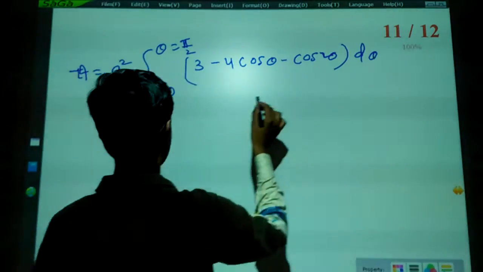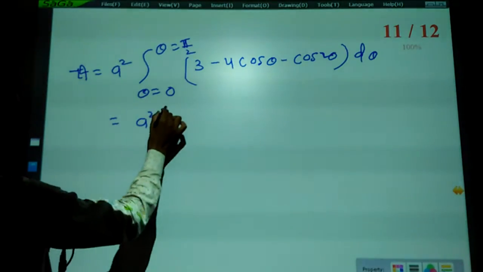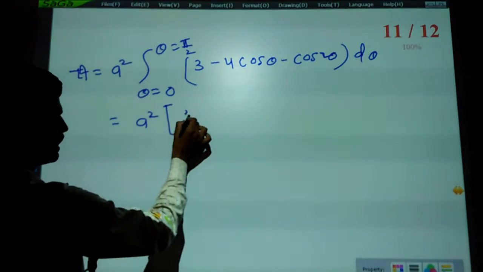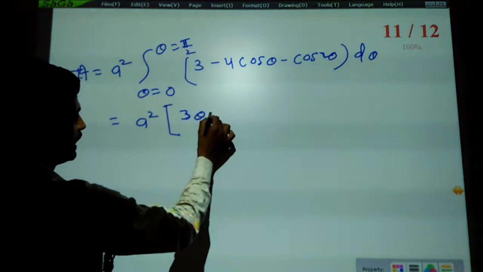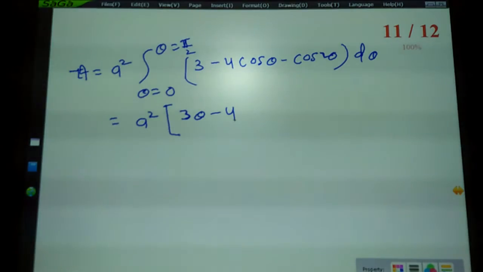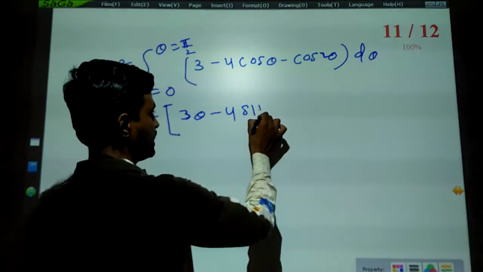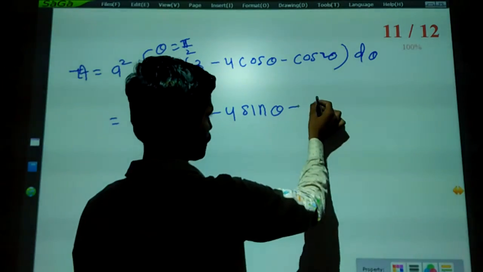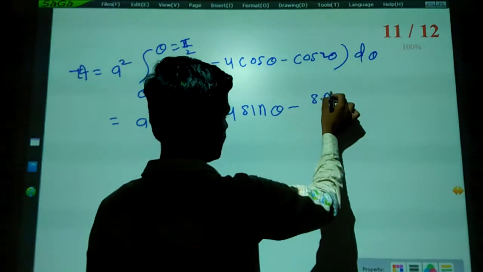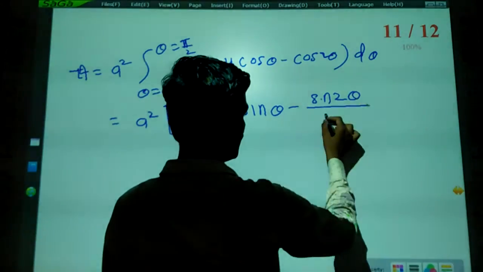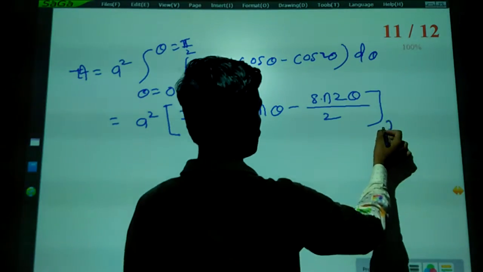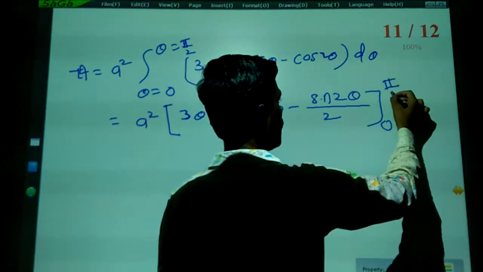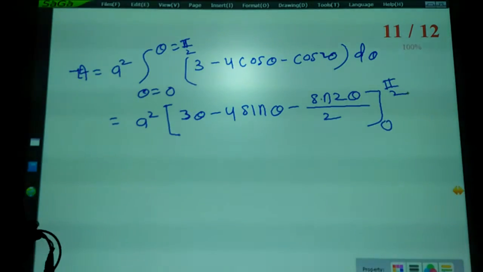We will find its integration. So a square as it is. Integration of 3 d theta is the 3 theta. 4 as it is. Integration of cos theta is the sin theta. Minus integration of cos 2 theta is the sin 2 theta divided by 2. Lower limit 0, upper limit pi by 2.